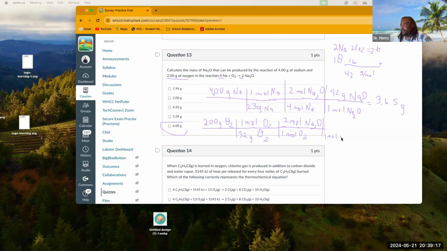Same molar mass as before for the sodium oxide. Did I screw up somewhere? So that's 5.25.